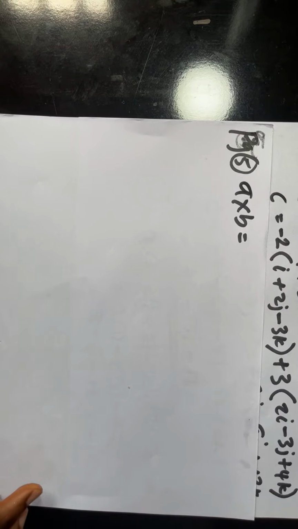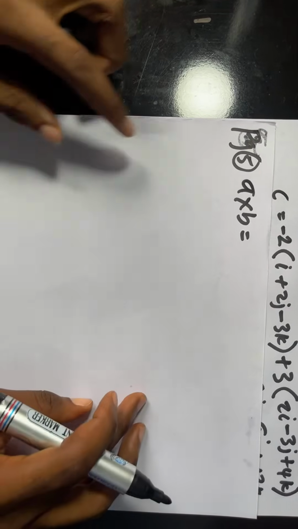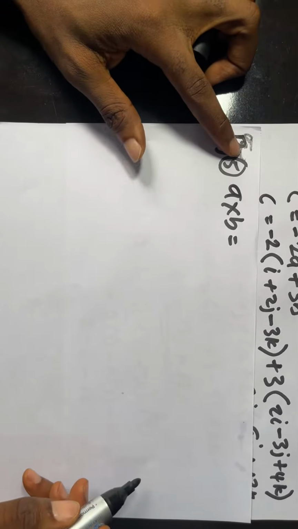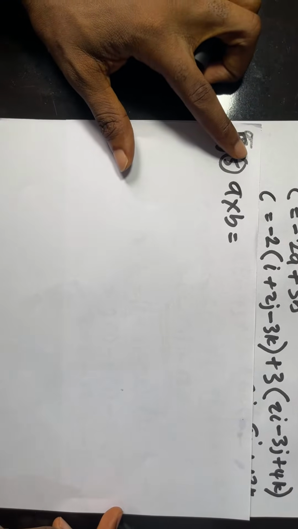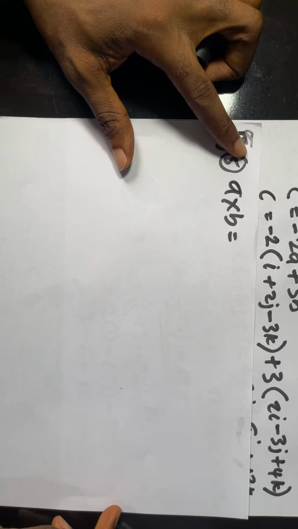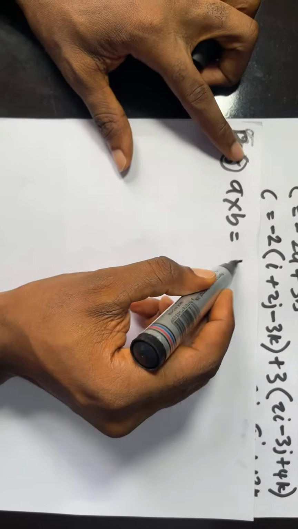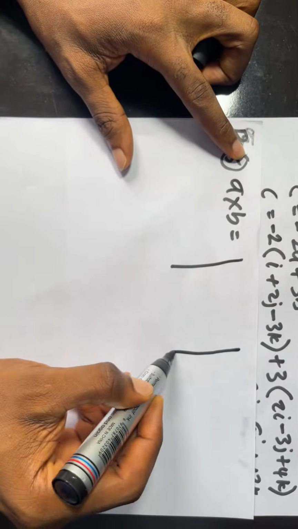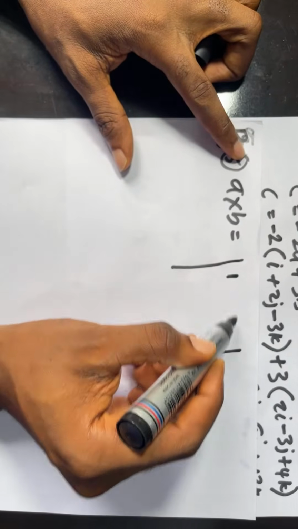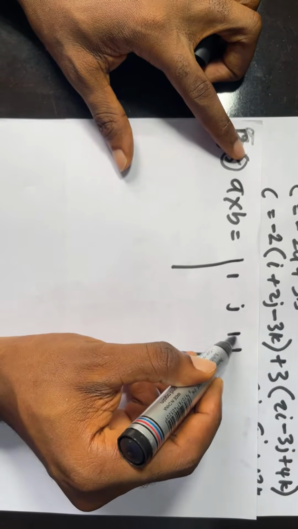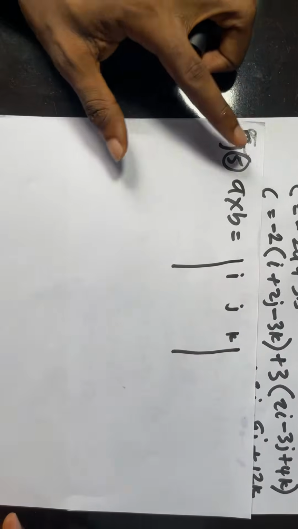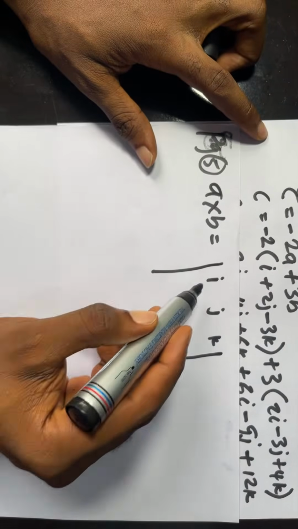So let's dive in. We are having something like A cross B, and remember, is an IJK unit vector. Therefore, this is a matrix. We have I, J, and K. Now, what is under I?